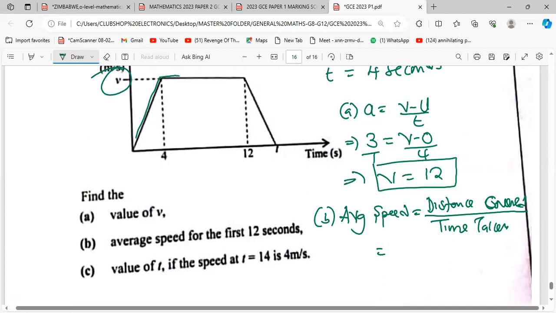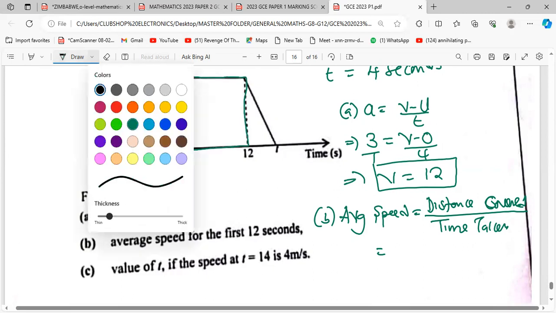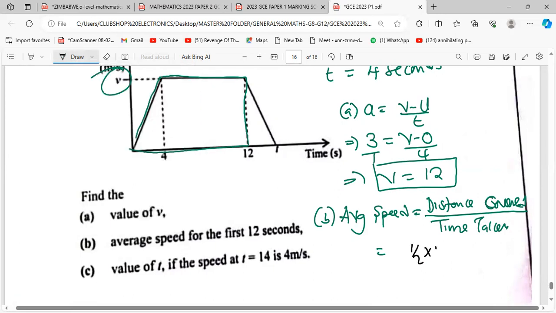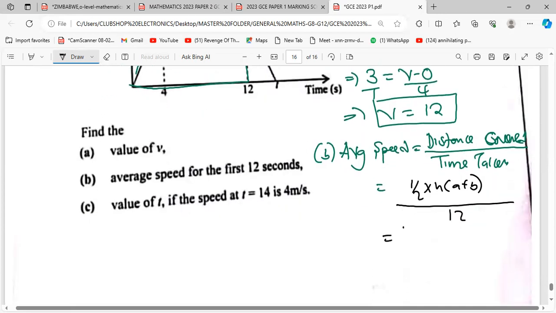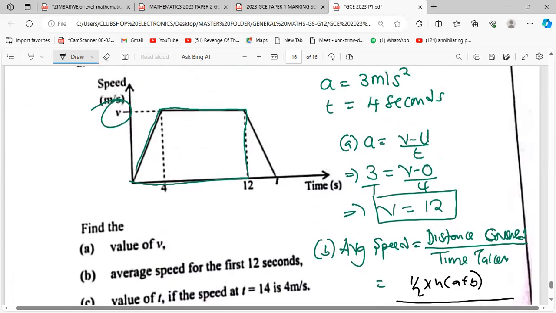We have to look at this one. This is a trapezium, and the formula for a trapezium is half times the sum of the parallel sides, times the height. The height is 12.